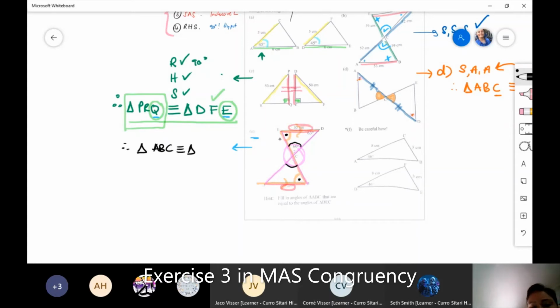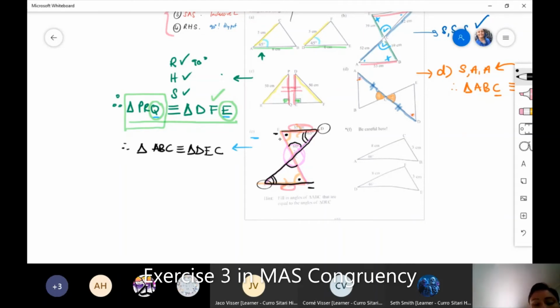Now let me just quickly see. I've got triangle A. Angle A must then be equal to, because this is also alternate, angle D. Angle B is equal to angle E. And angle C is always equal to angle C with this vertically opposite.